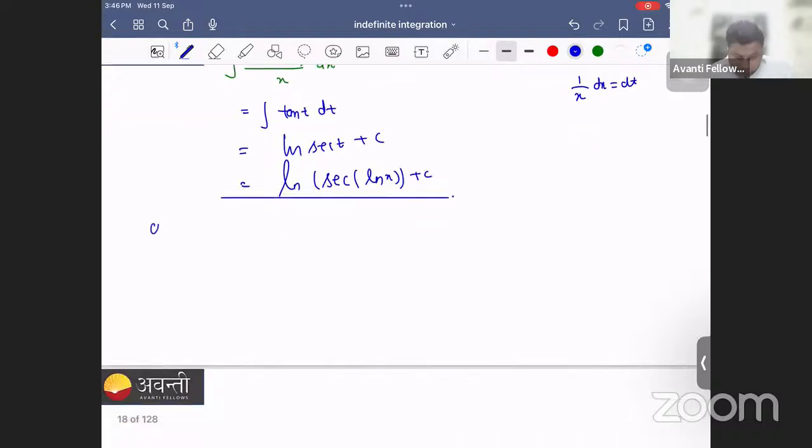Now see, very good question. Integration of sin 2x upon a sin square x plus b cos square x dx.